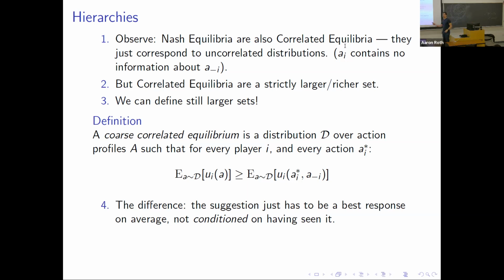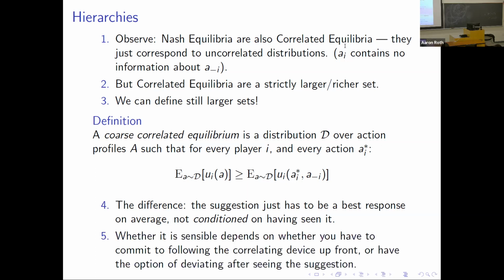Okay, so maybe that's some high level intuition about the difference between these two solution concepts. Whether a coarse correlated equilibrium is a sensible solution concept depends on whether, in the interaction you're thinking about, the players have the option of deviating after they see their suggestion, or whether the only point at which they could deviate is before they see their suggestion.